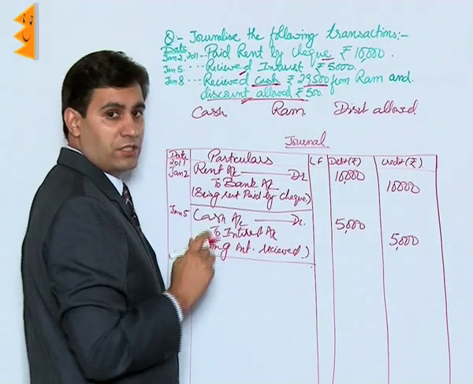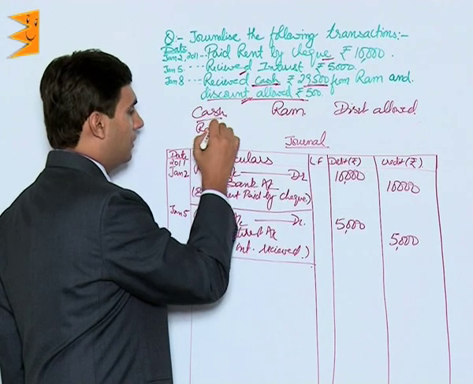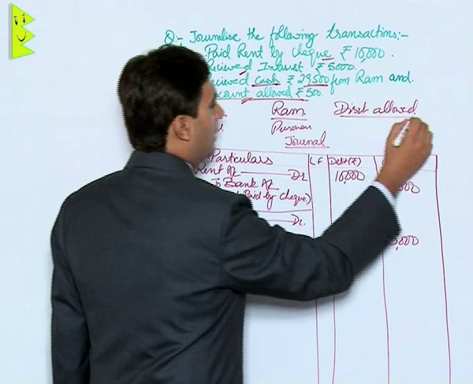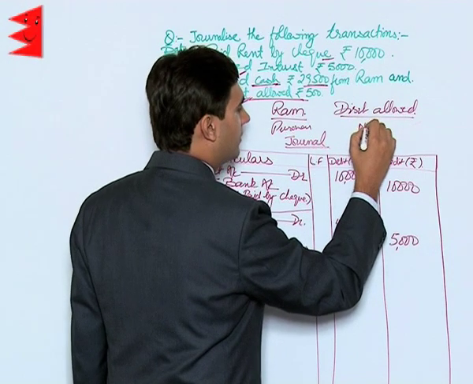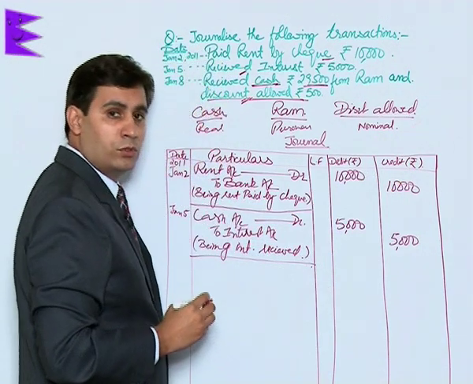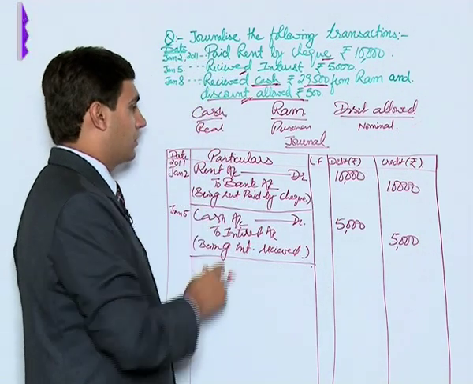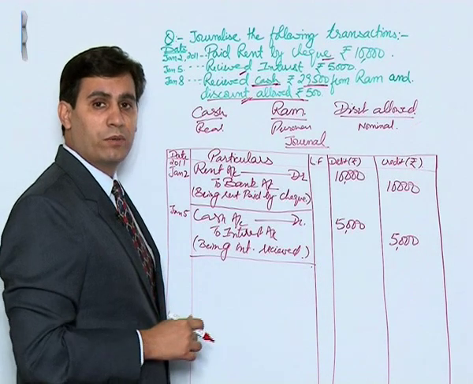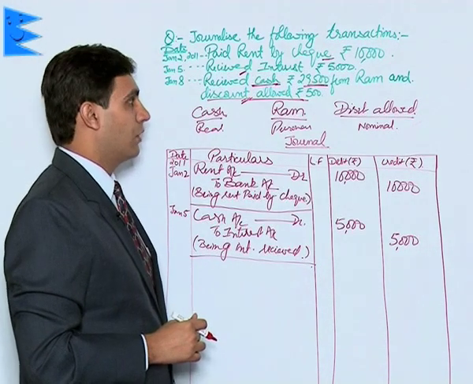Now considering the nature of these accounts, cash is a real account, Ram is a personal account, discount allowed is an expense, hence a nominal account. Let us apply rules to all these three accounts. Cash, it's a real account. The rule is debit what comes in, credit what goes out.